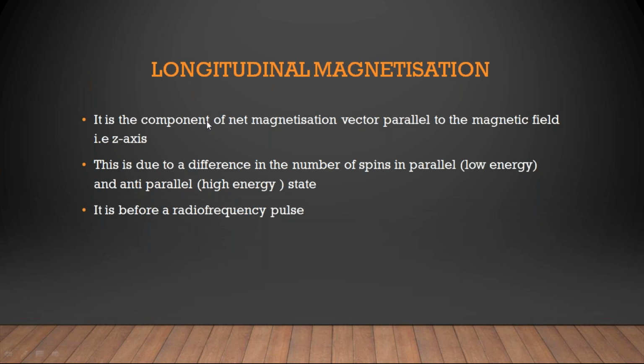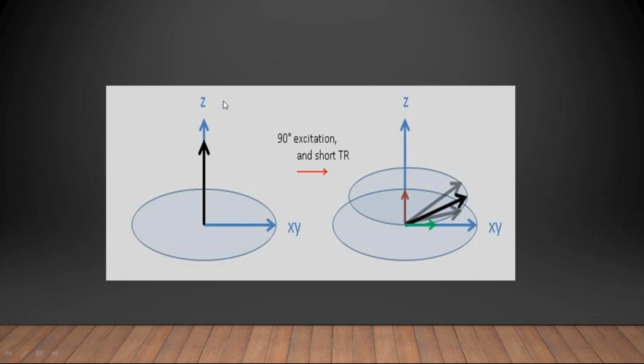This longitudinal magnetization is present before a radio frequency pulse is switched on. Here you can see the z-axis and xy axis; the black arrow is the longitudinal magnetization.